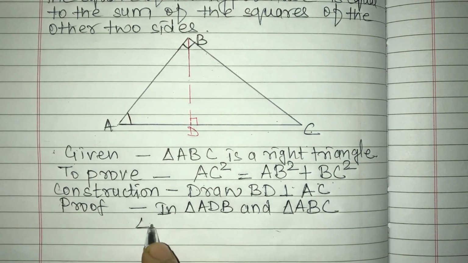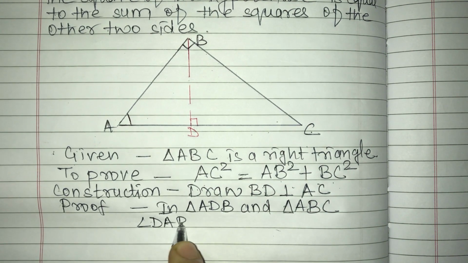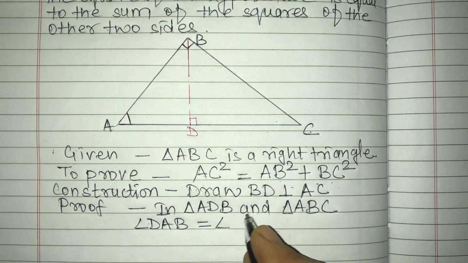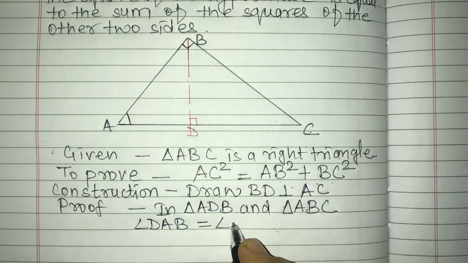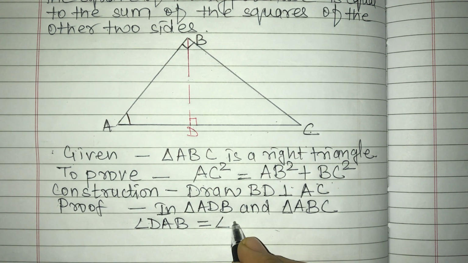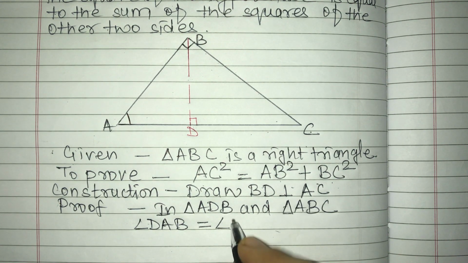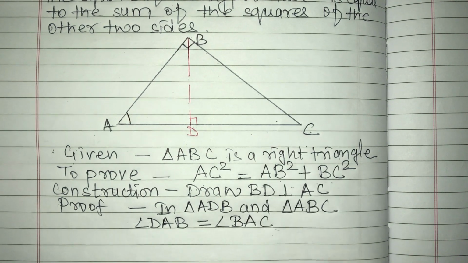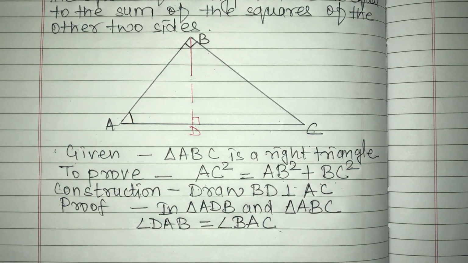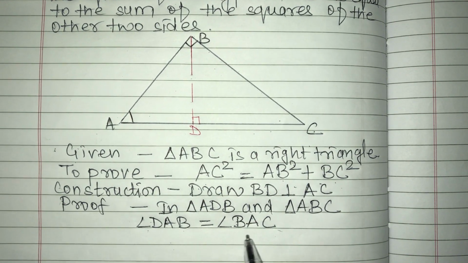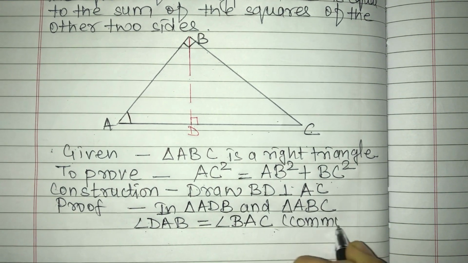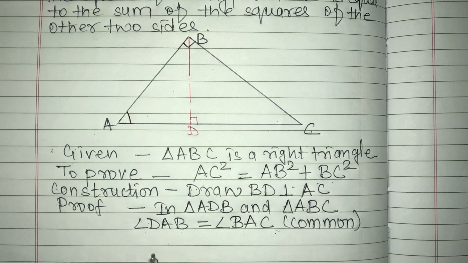So we have angle DAB equal to angle BAC, because this is the common angle in both the triangles.